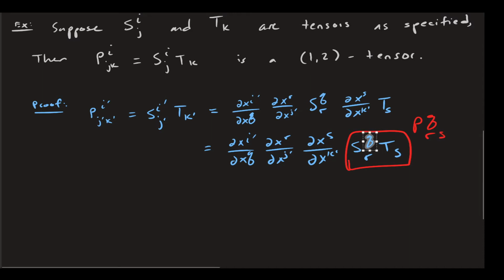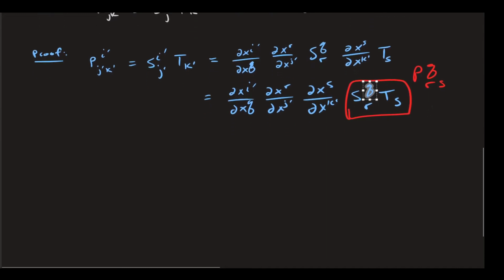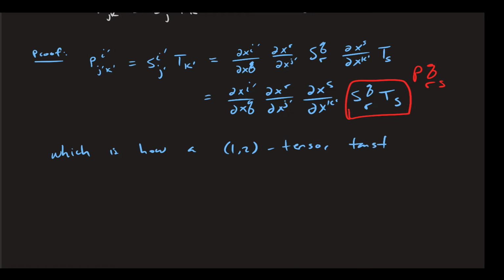So it transforms just like a 1-2 tensor would transform, which is how a 1-2 tensor transforms. So it is indeed a 1-2 tensor. That's called the outer product.